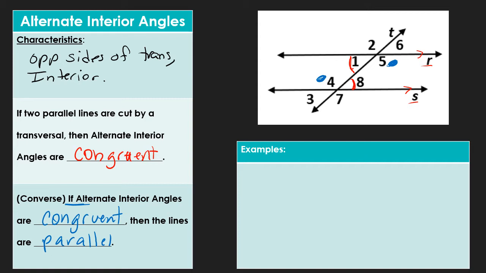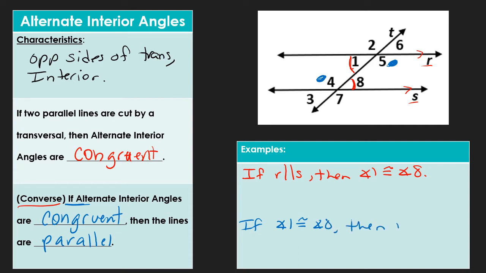The original theorem basically says if R is parallel to S, then angle 1 is congruent to angle 8. The converse of that theorem, which would be down here, basically says if angle 1 is congruent to angle 8, then line R is parallel to line S. So really it just goes both ways.